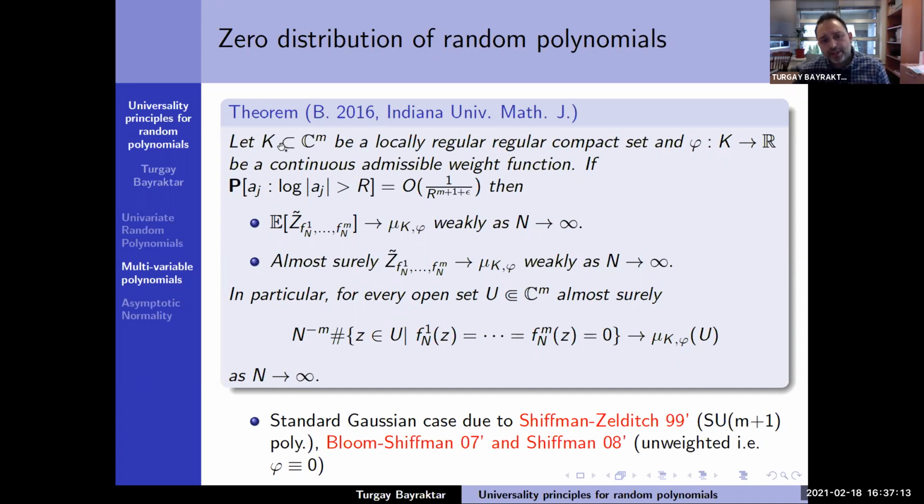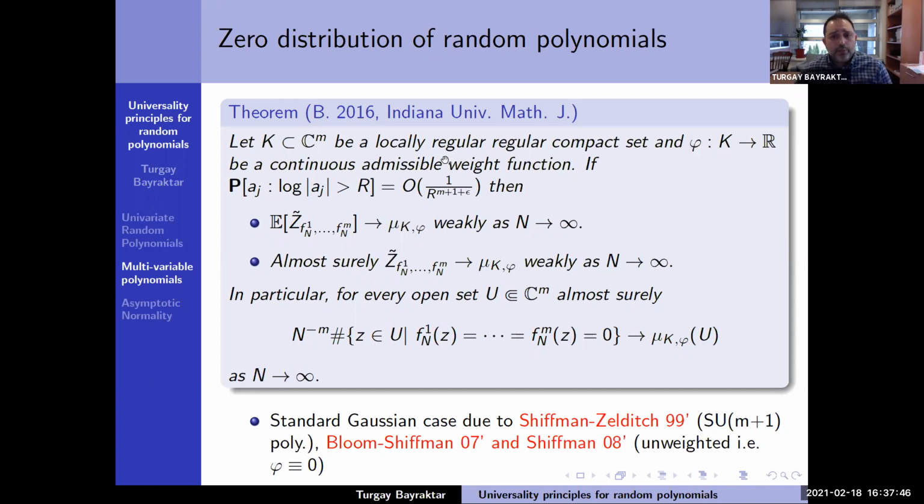You have a compact set in C^m, and you assume that it has positive capacity, so it is not so small, and it is regular in the sense that when you have a continuous weight function phi, the function V_K,phi is continuous. Those are the assumptions on K, and all the three examples that I showed earlier fall into this category, along with many others.